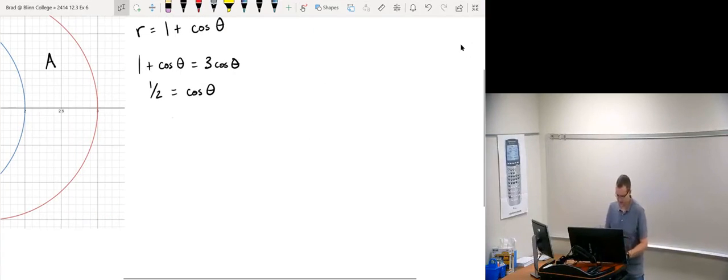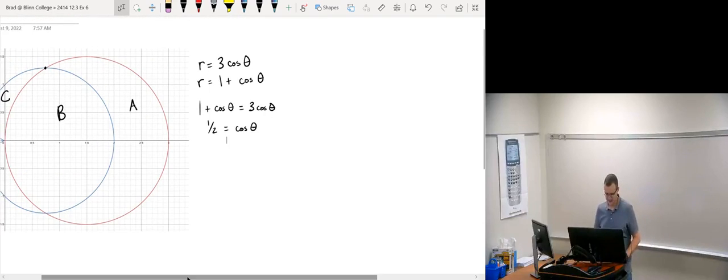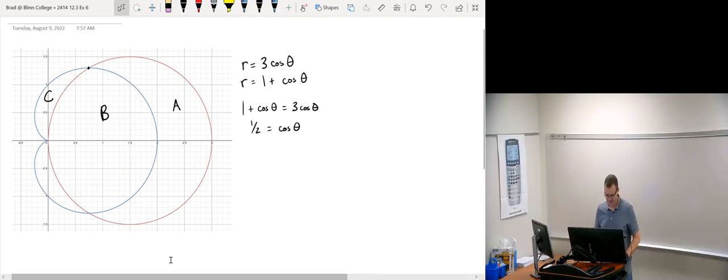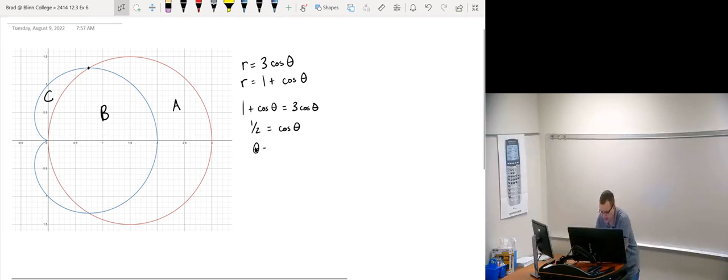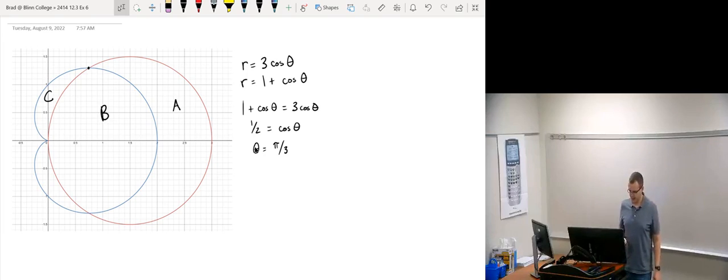Anyways, that has a solution at pi over 3. There are other solutions. I don't think any others will matter for what we're trying to find here above the x-axis, but I think that one solution is what we'll need. So let's look at region A first.